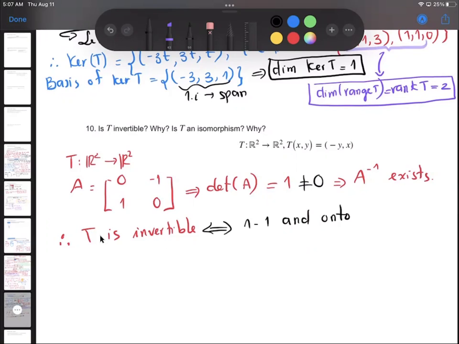You can double check that. And by the way, the definition of isomorphism is 1-to-1 and also onto. Okay.